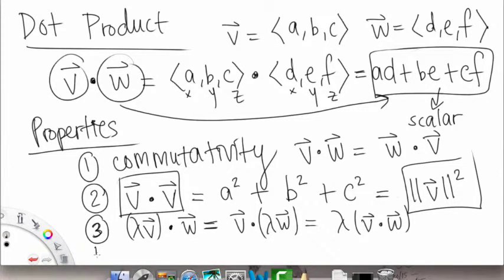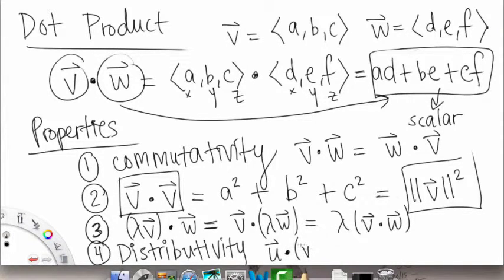Okay, so the last one, I'll just squish it in here at the bottom, is distributivity. What that means is that if you have three vectors, let's say we throw in a u vector. This isn't a unit one, it's just a normal vector I named u. If we dot that with the sum of two other vectors, v plus w, so you add those together first and then dot it, this is another example of vector algebra.